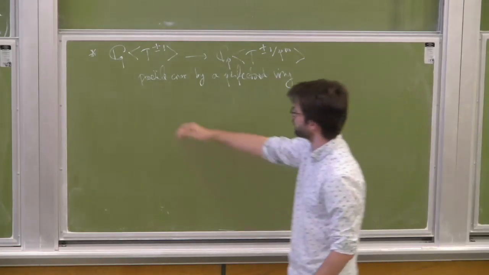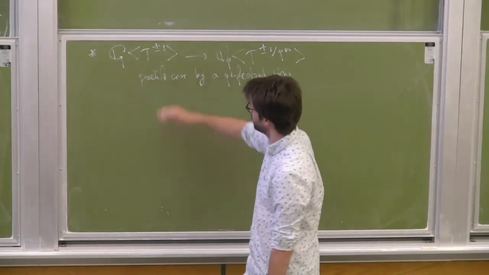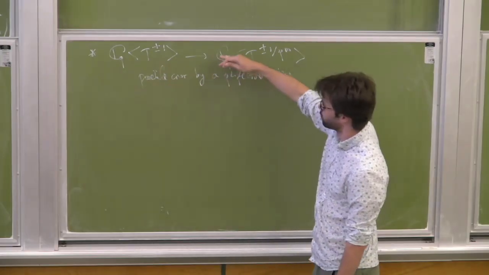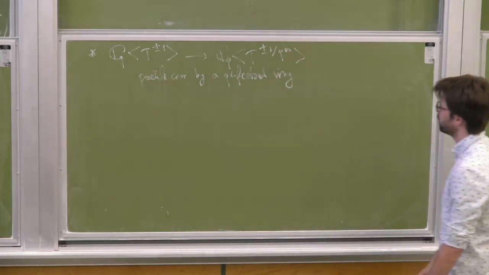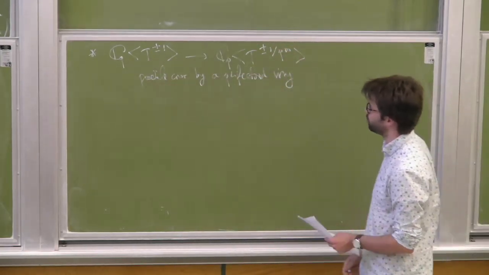You could also start with the Tate algebra in T plus minus 1 over Q_p, and then also add p-power roots of 1 to replace Q_p by the cyclotomic extension of Q_p.